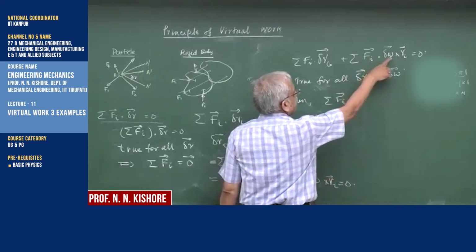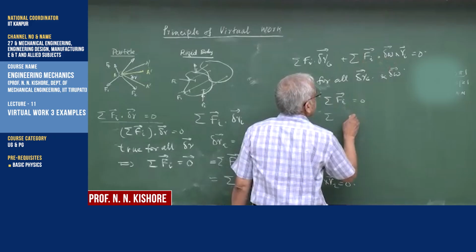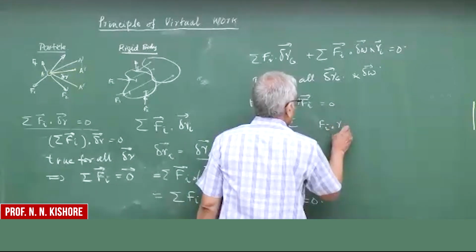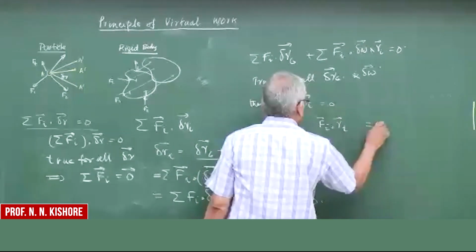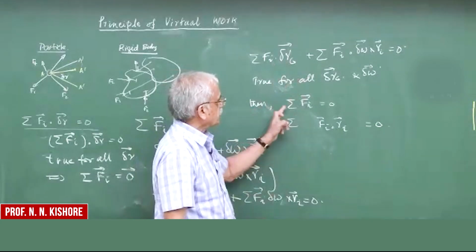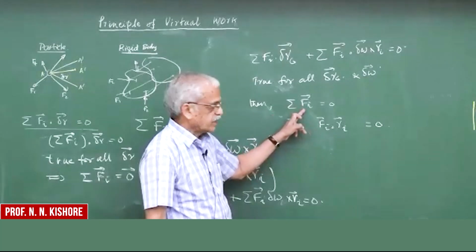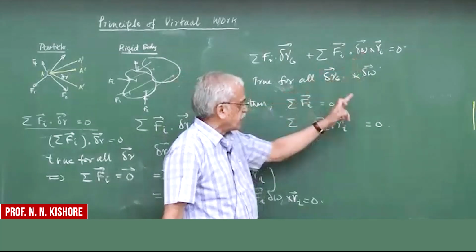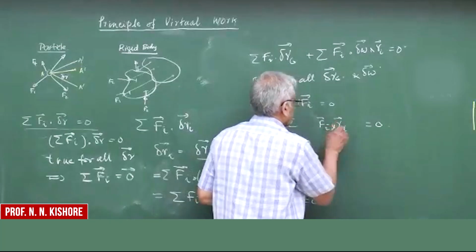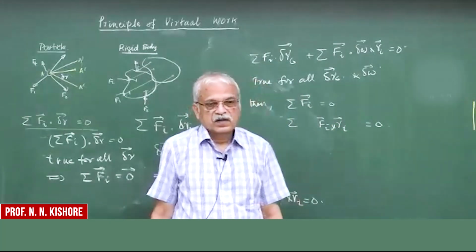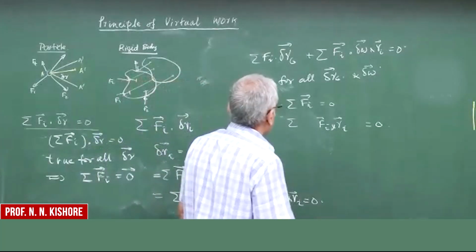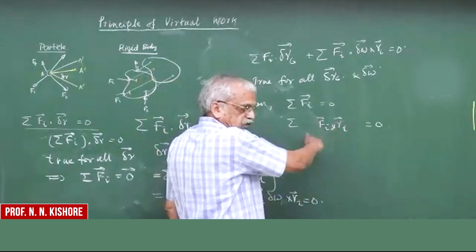And the delta Rg, which is here, has been taken out because that's common. Similarly here, delta omega can be taken out. It's a triple dot product, which can be taken out here. Anyway, it's a cross, so that may be there.